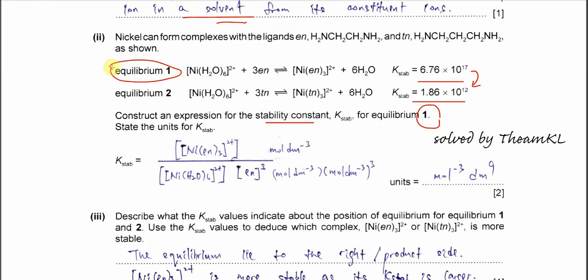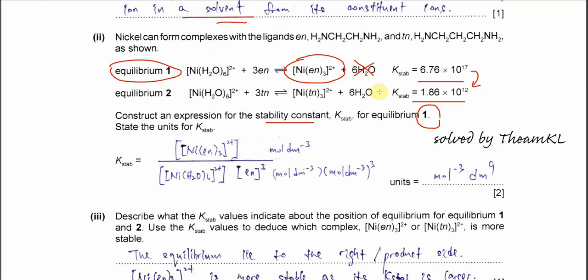So first you must know it's about concentration. It's the concentration of the new complex, the products, over the concentration of the reactants, the constituent ions, the hexaaqua nickel(II) and these ligands. One very important thing: we normally don't include the water because water is a constant.